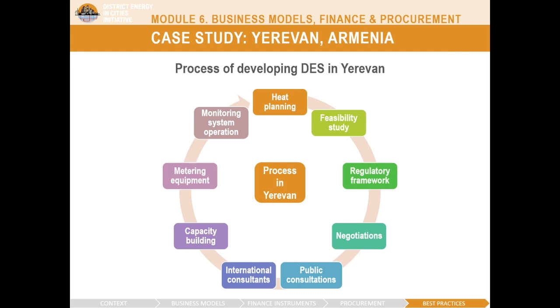The process of development in Yerevan. The process of refurbishing and improving the energy efficiency of district heating systems in Yerevan is depicted in the figure. It was initiated with heat planning. An assessment was carried out by UNDP during the development of the JEF project named Armenia, improving the energy efficiency of municipal heating and hot water supply.